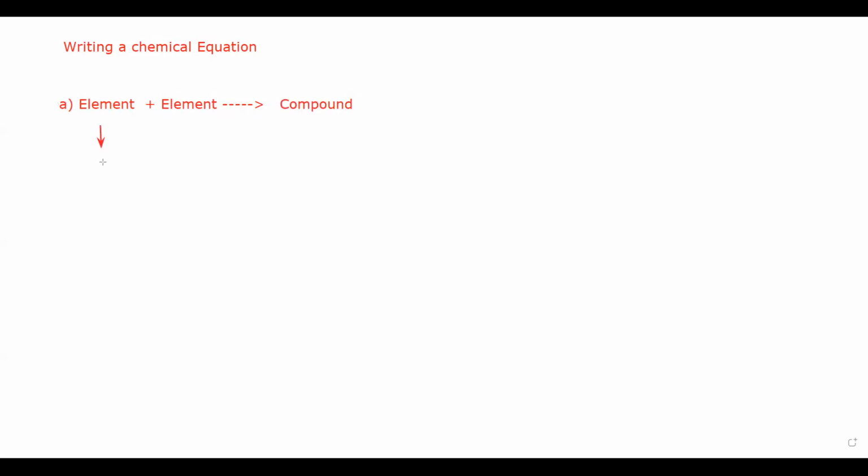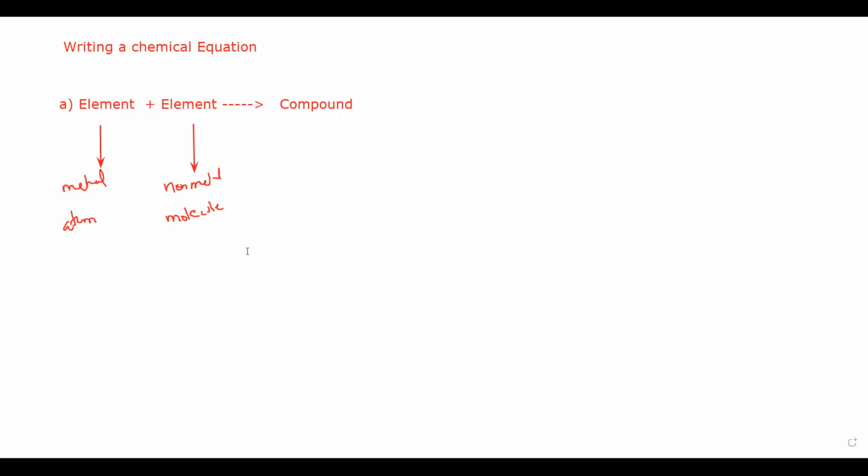And if an element is a metal, it will be an atom. And if we have a non-metal element, then it will be a molecule, two atoms together, which results in the formation of a compound.